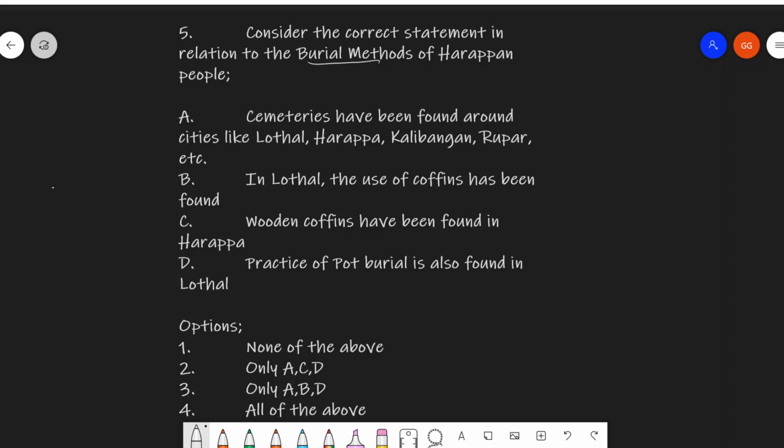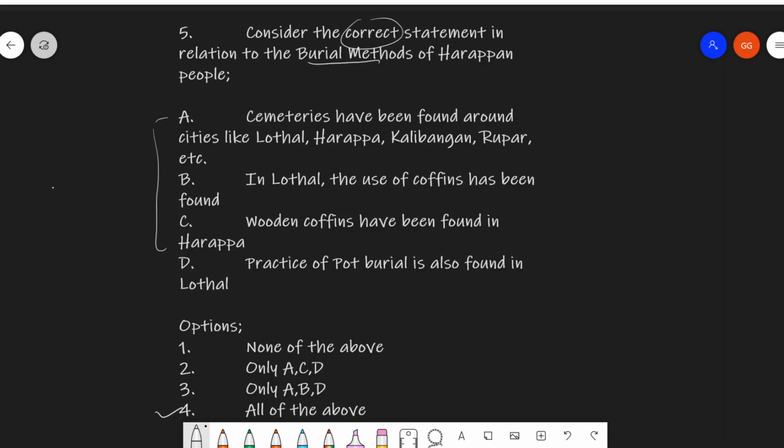Third is, wooden coffins have been found in Harappa. And the last is, the practice of pot burial is also found in Lothal. Now from these, we have to find the correct statement. If you read, all of these are actually correct. So the correct answer is all of the above.